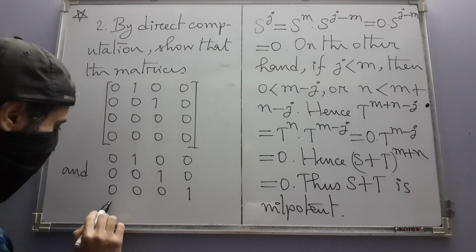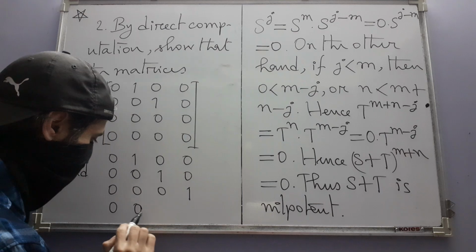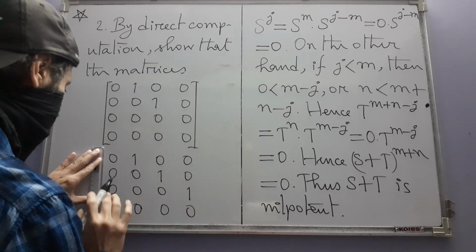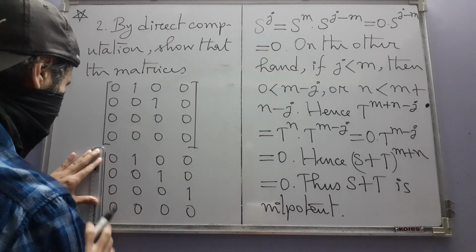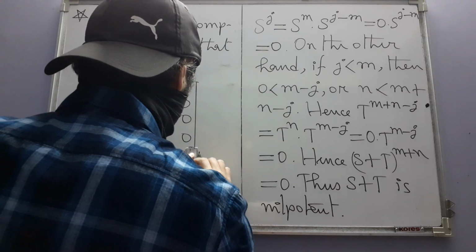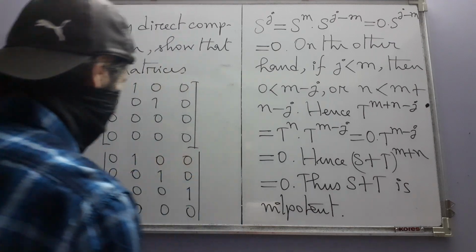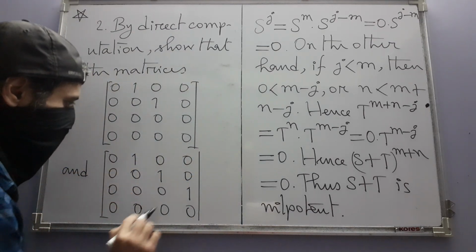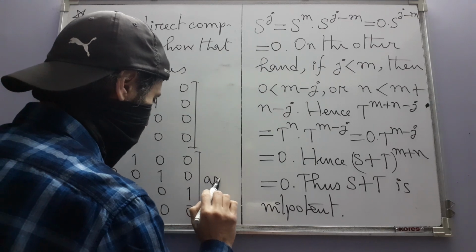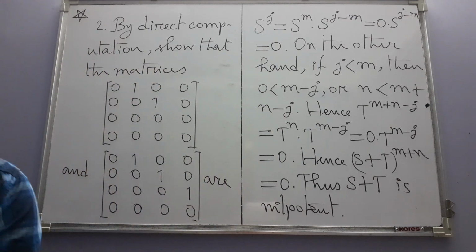We have a 1 here. These two matrices are not similar. We have to show that by direct computation, without using any result or anything, just using the definition of similarity, we have to prove that these are not similar.